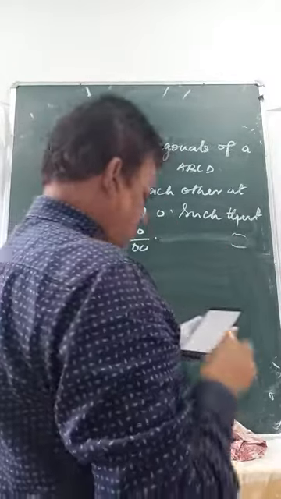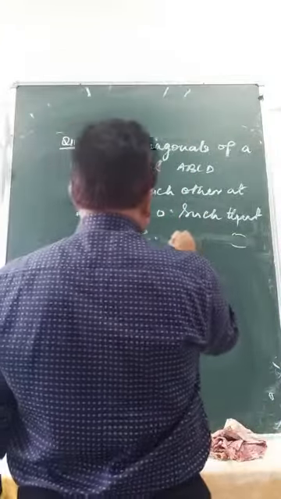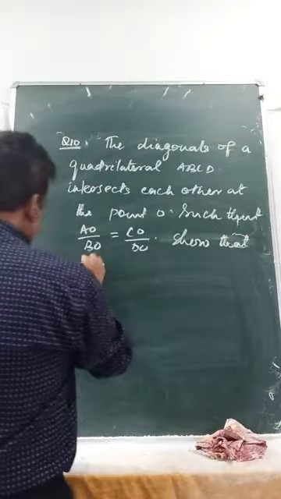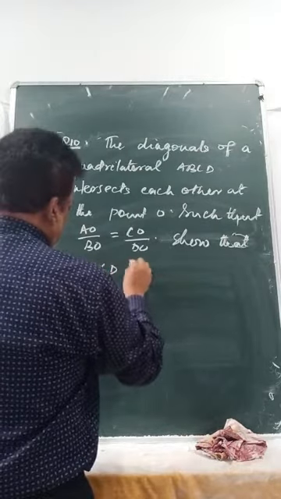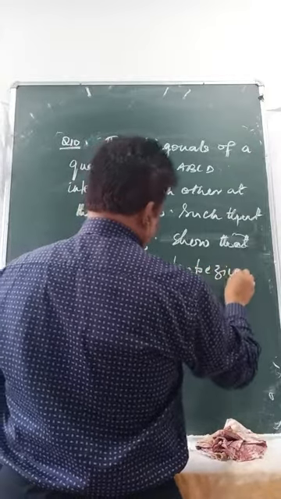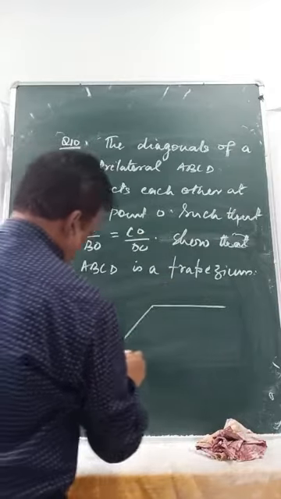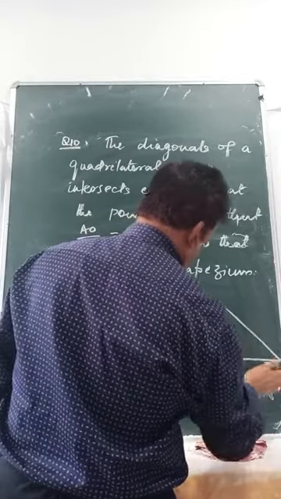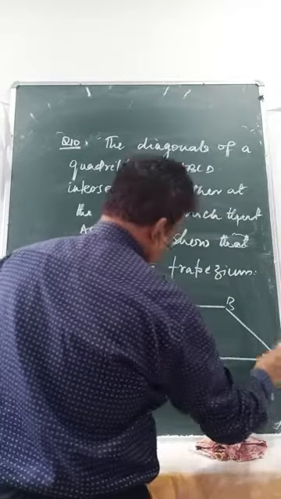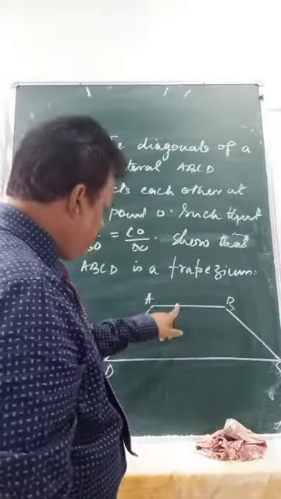Prove that ABCD is a trapezium. Trapezium means you have to prove AB is parallel to DC.